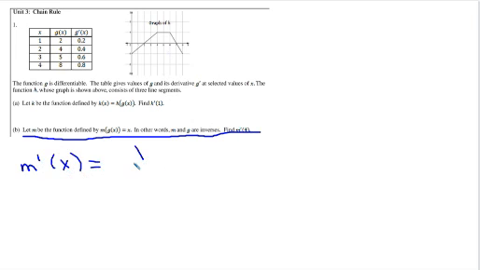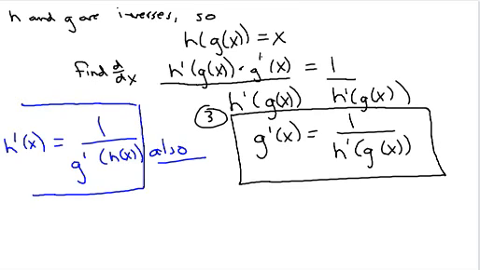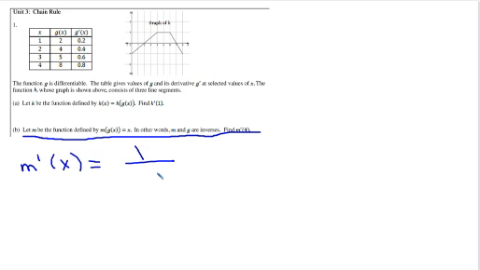So that's going to be 1 over, okay, and if you remember from what we just said, if my m prime is here, then my m is inside here. And the other function is g prime, all right?